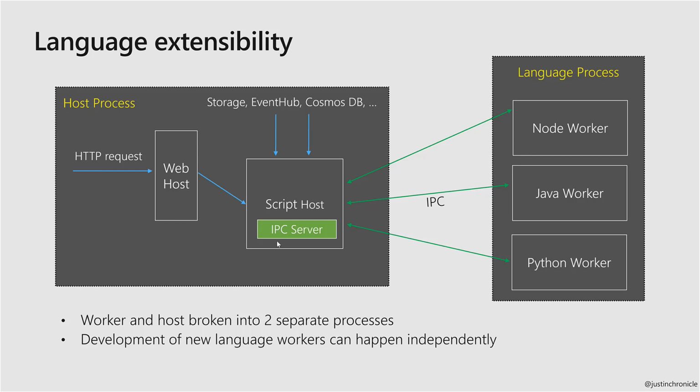So if, for example, the Node language worker crashes or goes down, even though that language runtime is not working properly, the main host process is still working, so the Azure Functions runtime is still stably running.